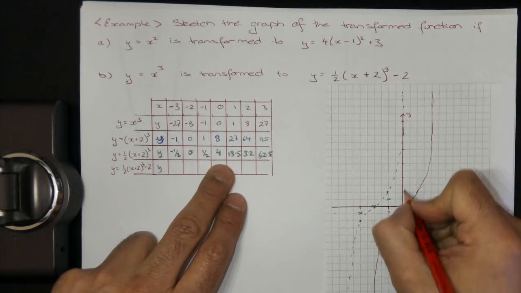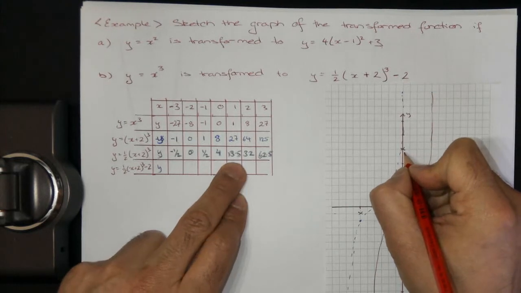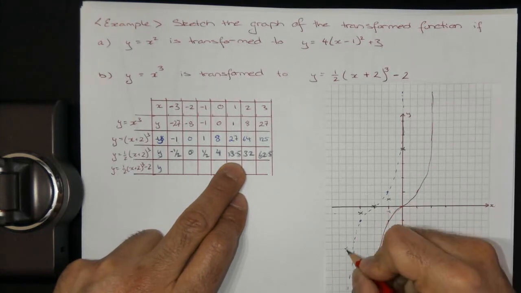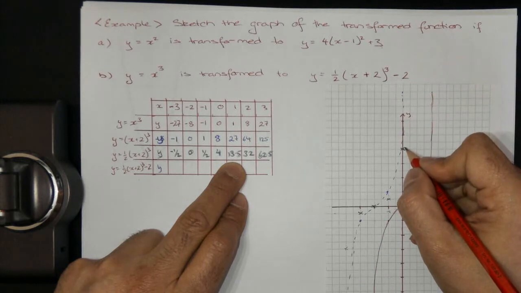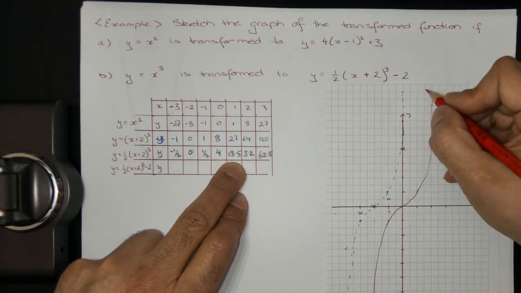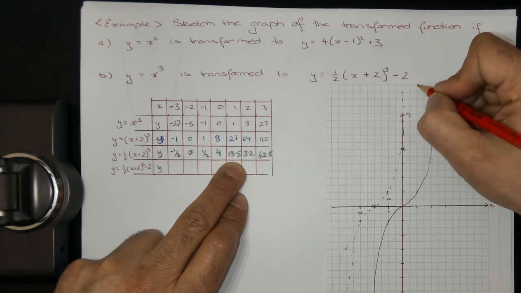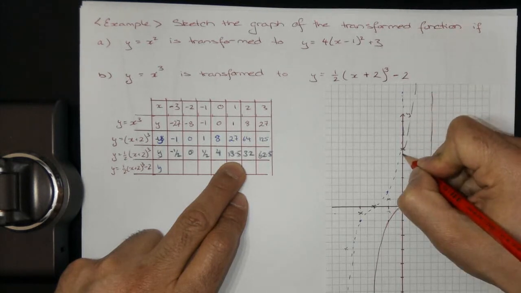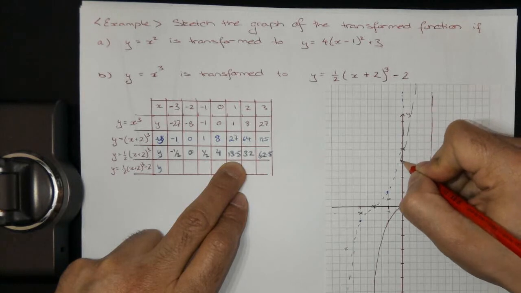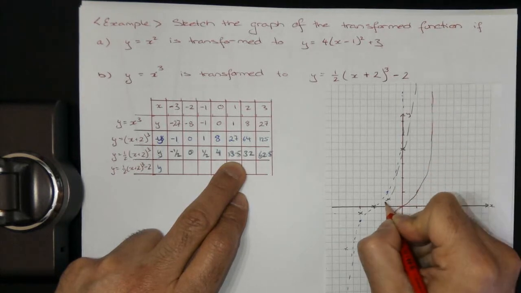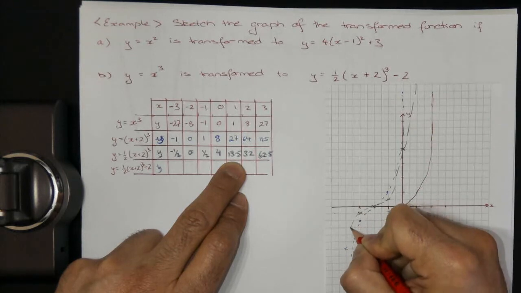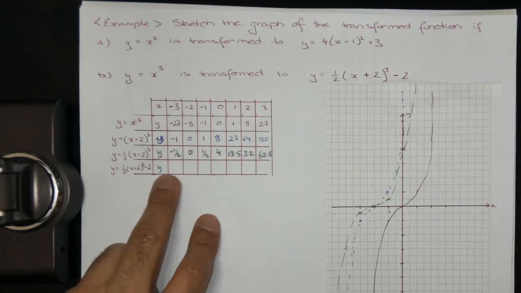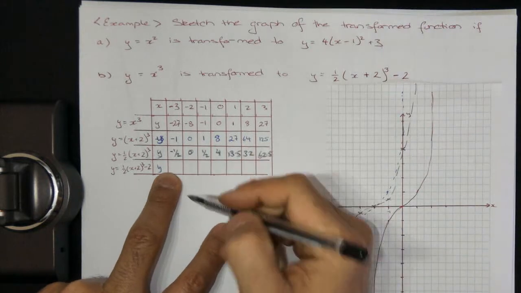And 0 becomes 4. Something like that. And then everything's going to shift down by 2 units.